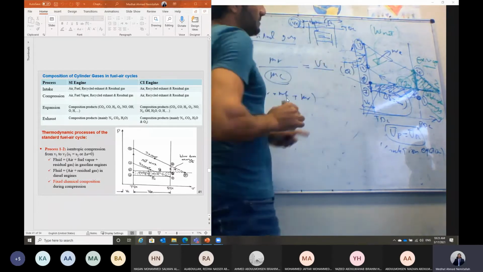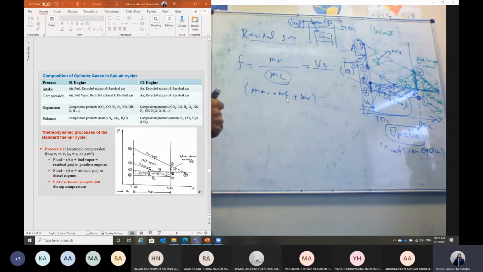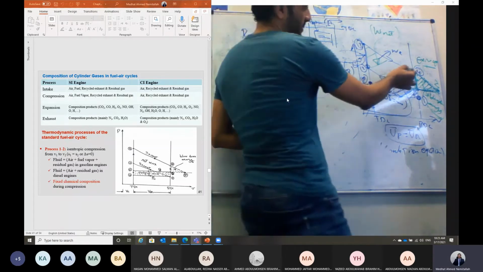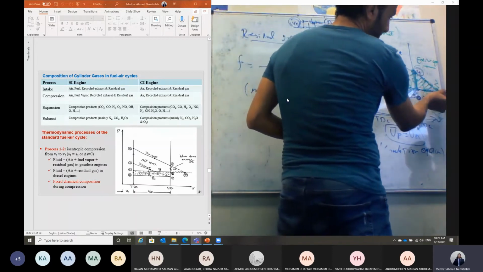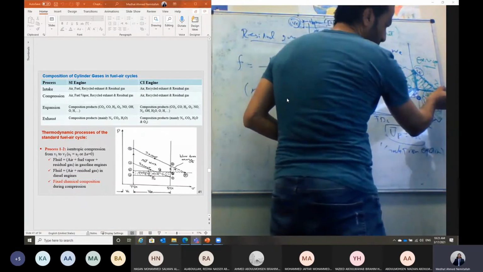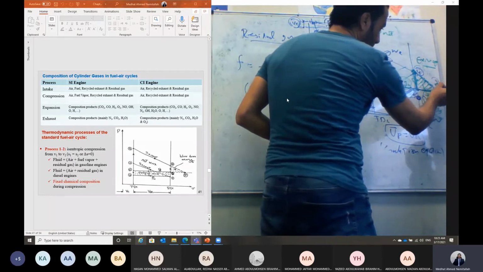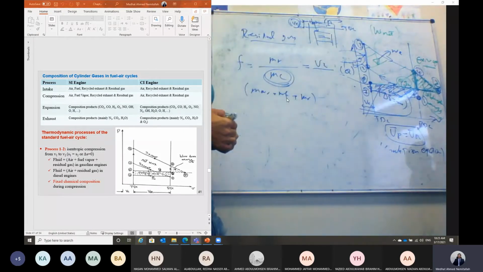So this is the specific volume at point 2, or the volume at point 2, divided by the volume occupied by the total charge. If this charge, ya shabab, is allowed for full expansion until it reaches atmospheric pressure, the volume should equal the volume at point 5 prime. Okay, so that should be the volume of the total charge in this case.